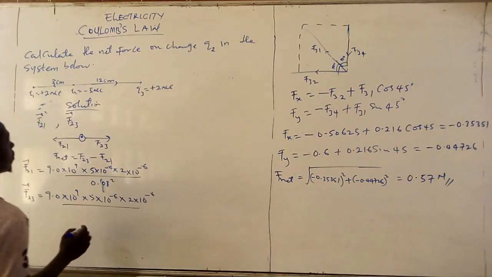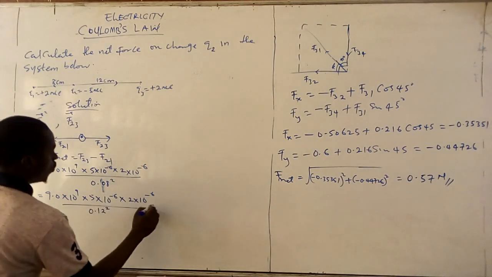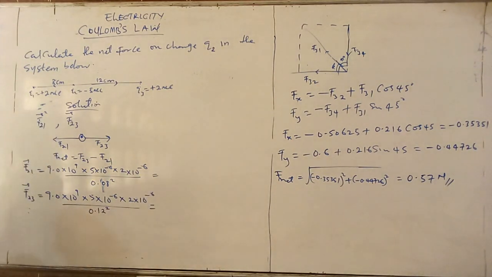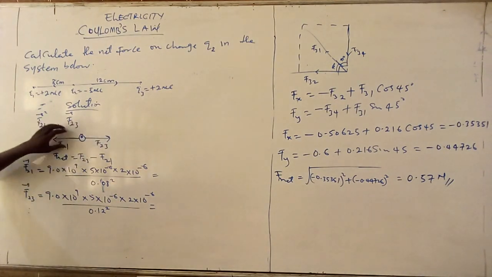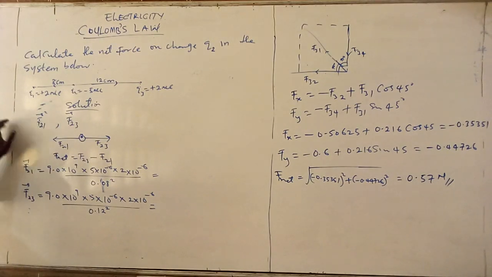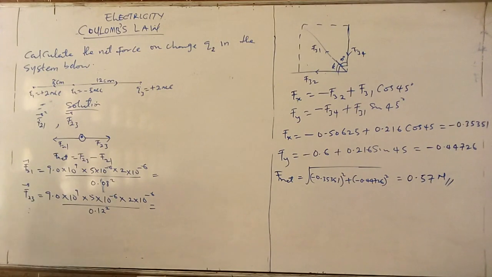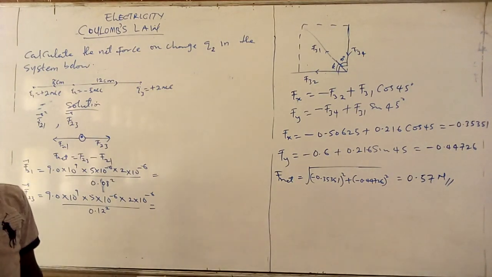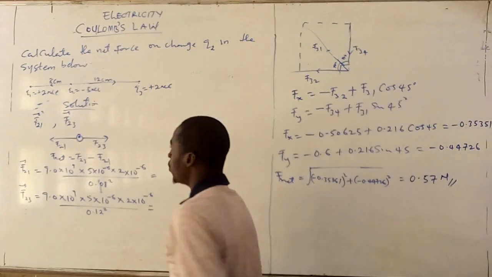Then the distance between them is 0.12 square. If we find this one correctly, we are going to have F21 and F23. So if we know them, then we can apply our formula. Since this one is moving towards this direction and this one is moving towards this direction, then the one that is moving in the positive direction minus the one that is moving in the negative direction. So this is where we are going to stop.